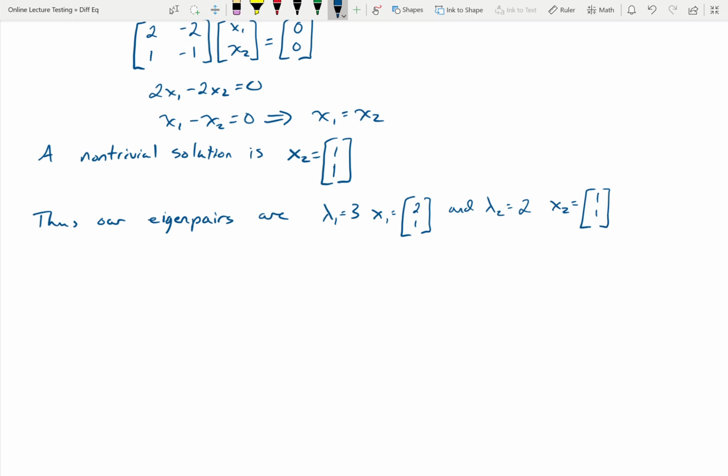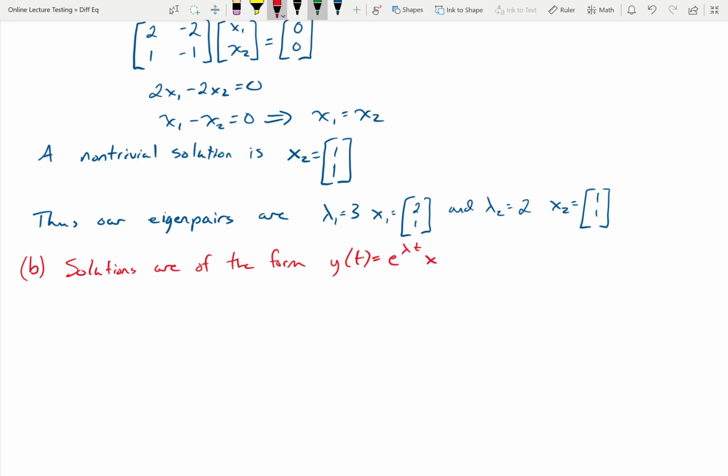All right, so let's find out part B: do the solutions of y prime is equal to A y form a fundamental set. So for part B, again, our solutions are of the form y of t is equal to e to the lambda t x.